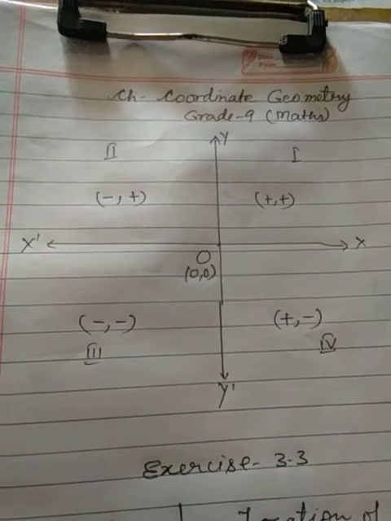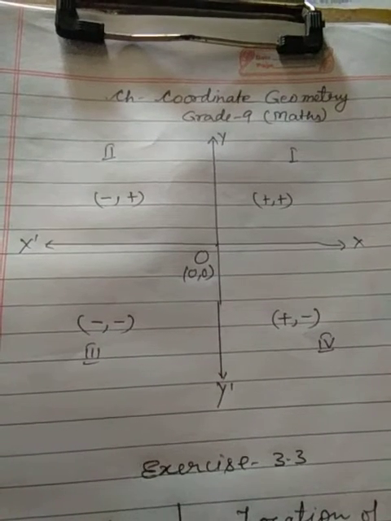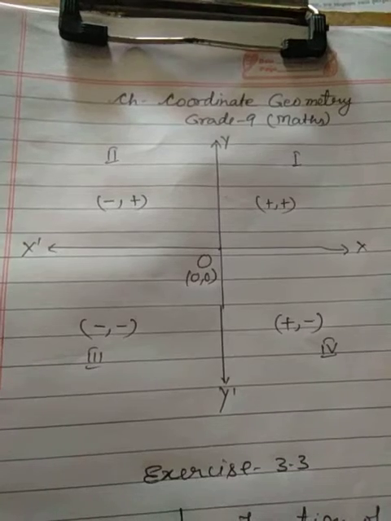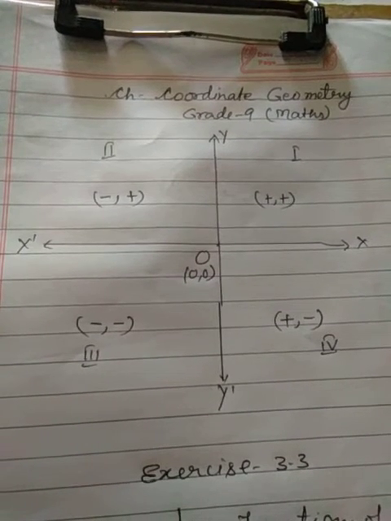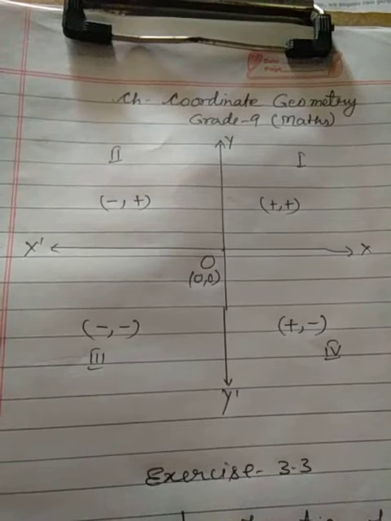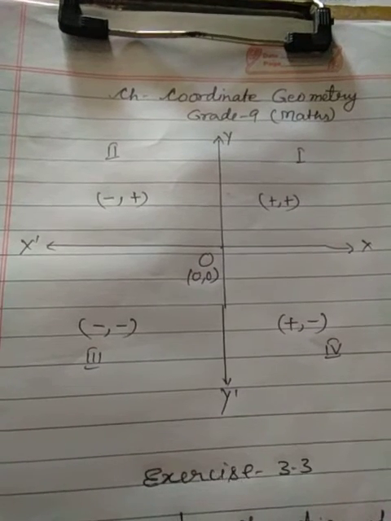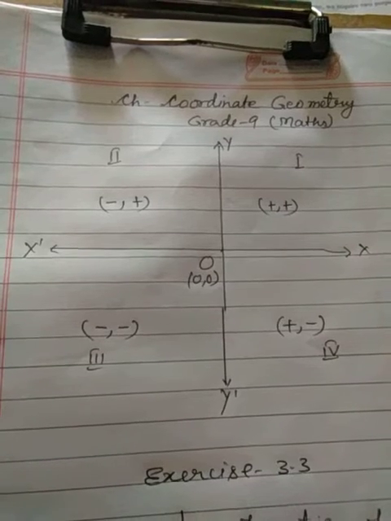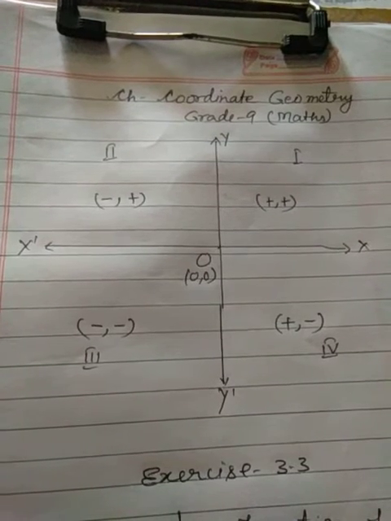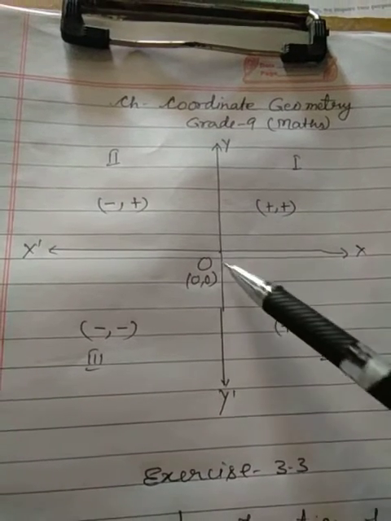As you have seen in the previous video of this chapter, coordinate geometry, I think we have discussed how to plot a point on the graph paper, right? That day I told you axes intersect each other at a point, as shown in this figure.